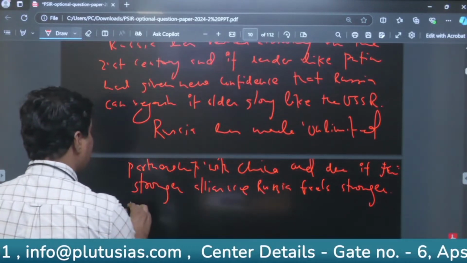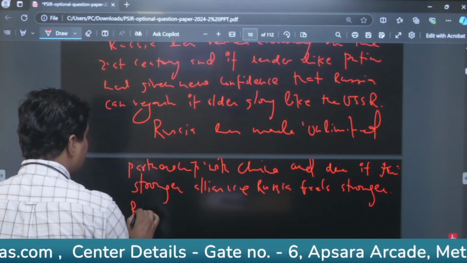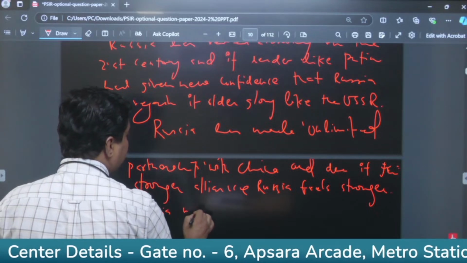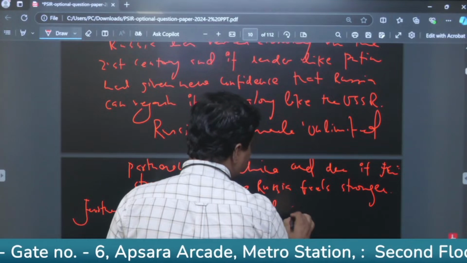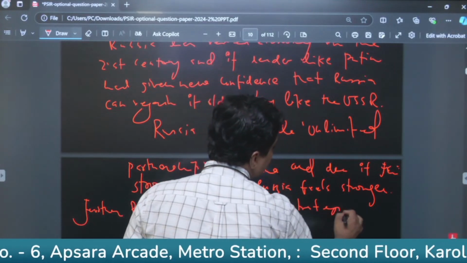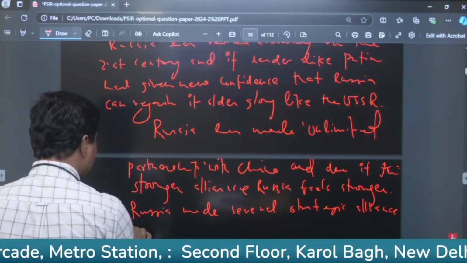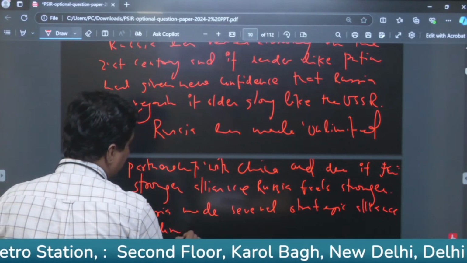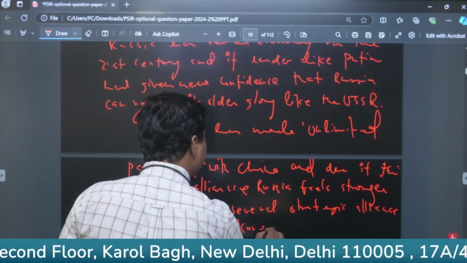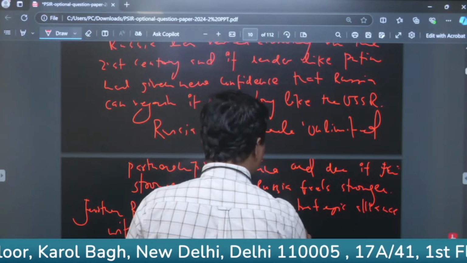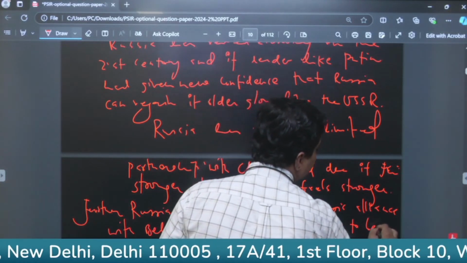Russia made several strategic alliances with Belarus, North Korea and Iran to become stronger.